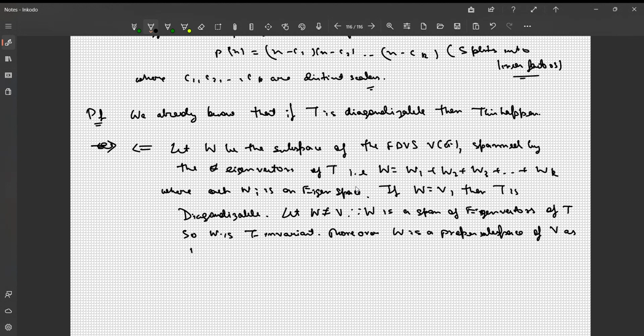Moreover, W is a proper subspace of V, because we have assumed that W is not equal to V.